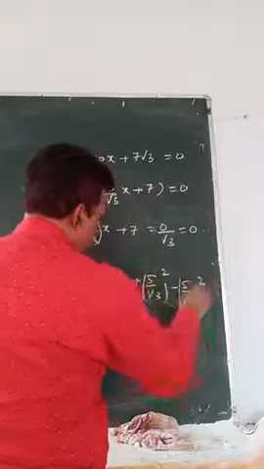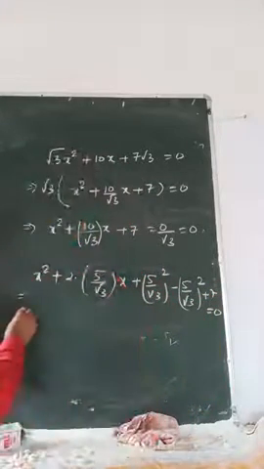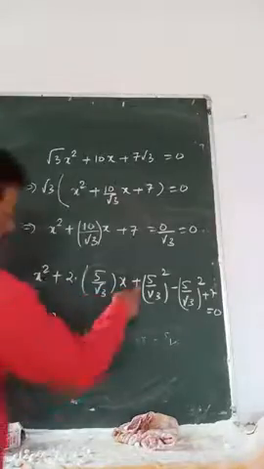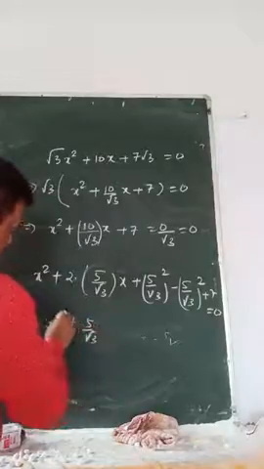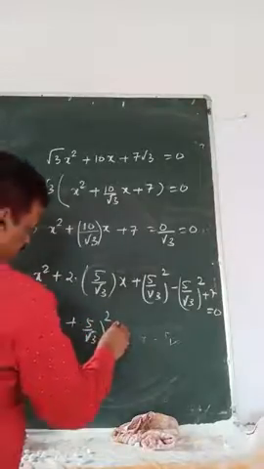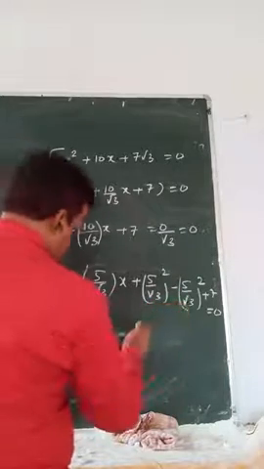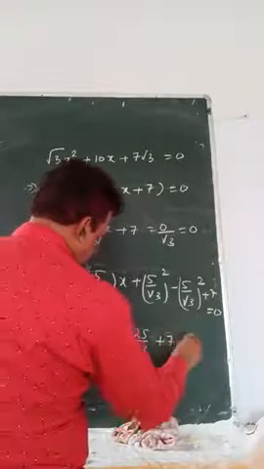After that this 7 you write. x, a square 2ab plus b square, plus 5 by root 3 whole square. Minus, this is 25 by 3 plus 7 equals to 0.